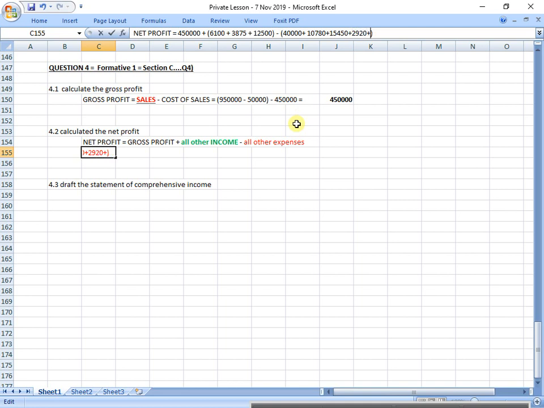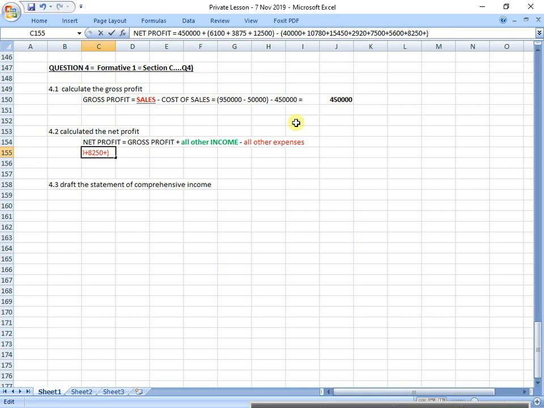What else? Interest on overdraft. Yes. What else? Insurance, 5,600. What other expenses do you have? Discount granted, 8,250.